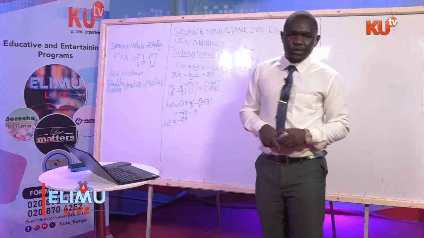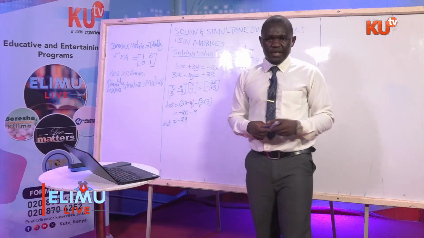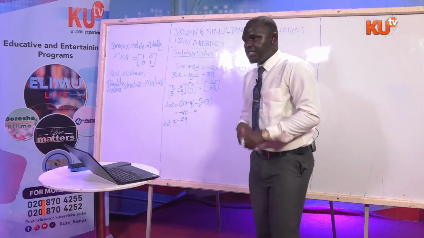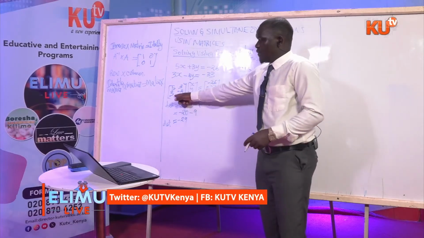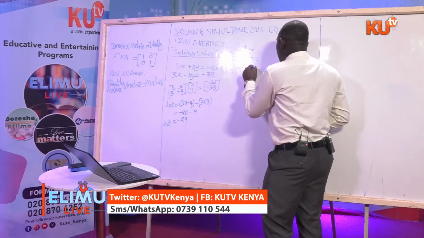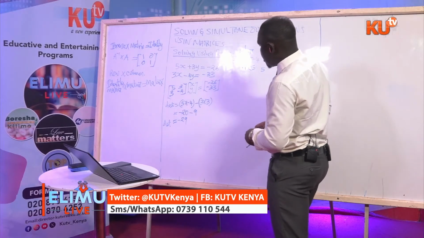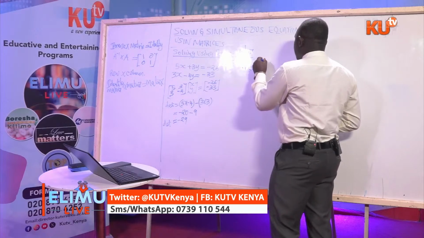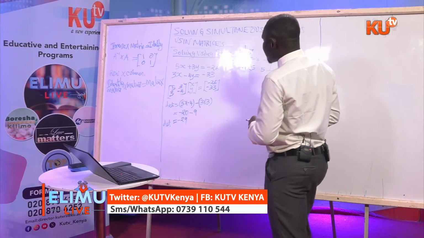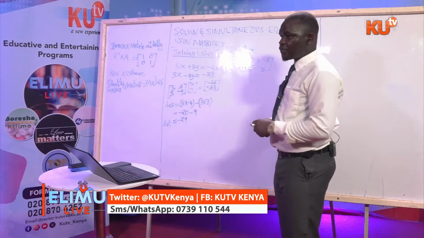We negate those elements. If it was positive, we make them negative, and if it is negative, we make them positive. So here I'm seeing 3 is positive, so we make it negative. And at the top, again, I'm having 3 positive, so we make it negative. Learners, that is the inverse of that matrix.